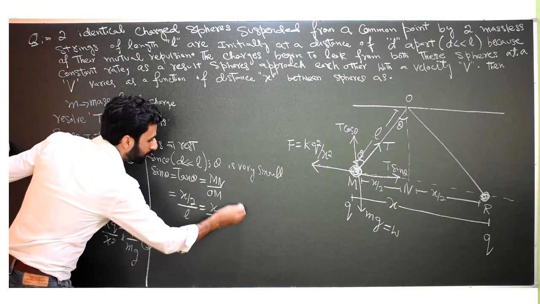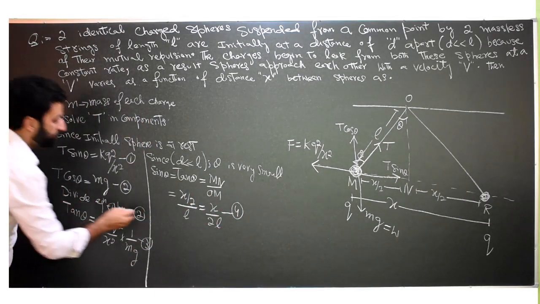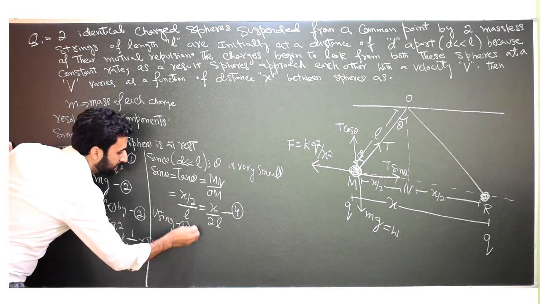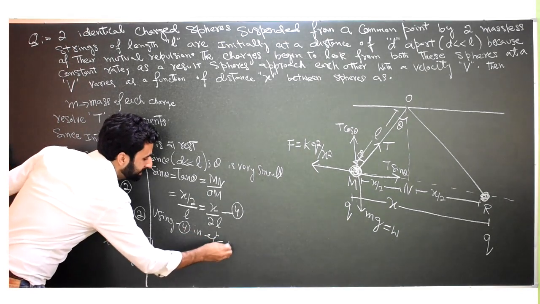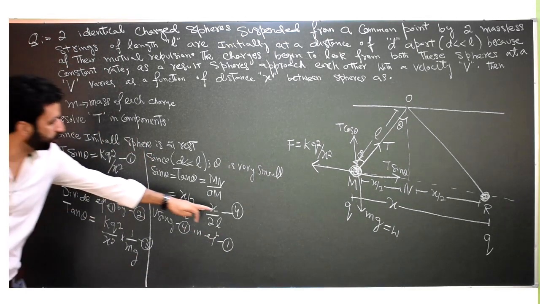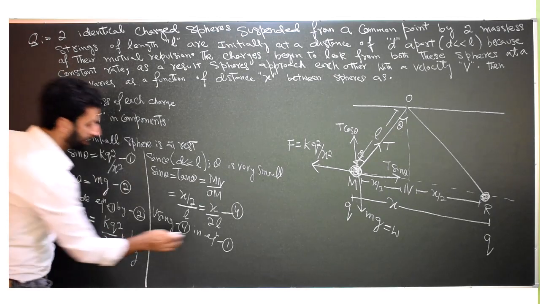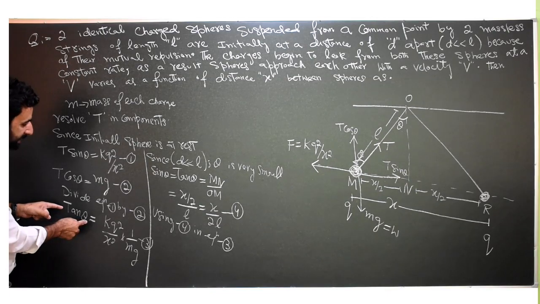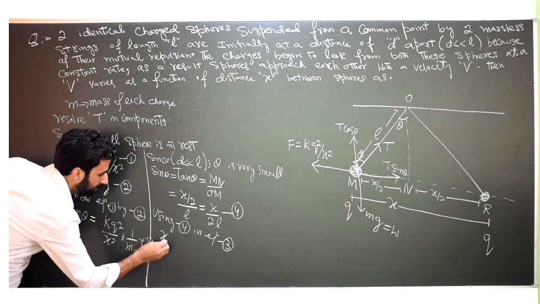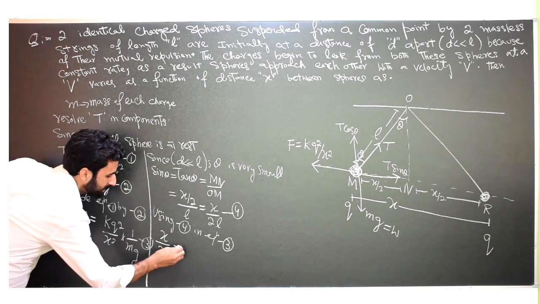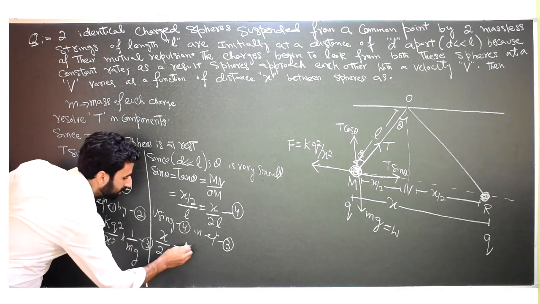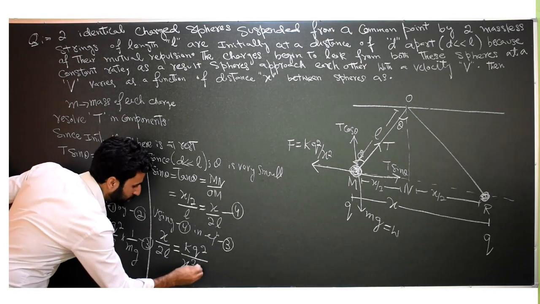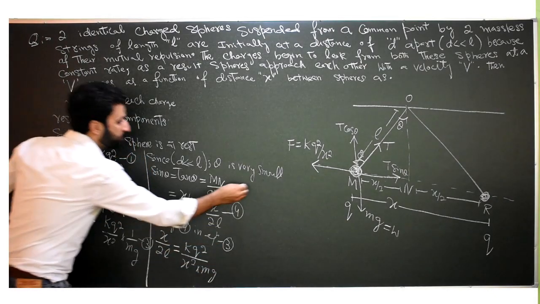So using equation 4 in equation 3, in place of tan theta I'll be writing x by 2L. This is equal to kq square by x square into mg.